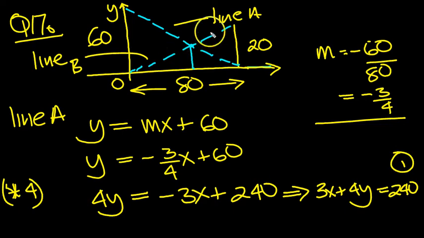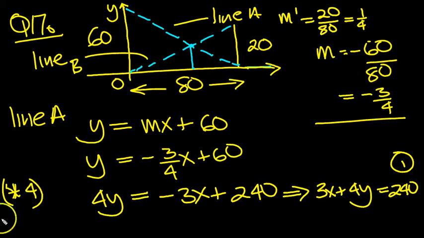So now the second equation, this is even easier, because the intercept is 0. What is the gradient? So m dashed, the increase in y is a positive gradient, 20, over the increase in x, which is 80, which equals 1/4. So as far as line B is concerned then, if we write the word line, it does help, doesn't it?